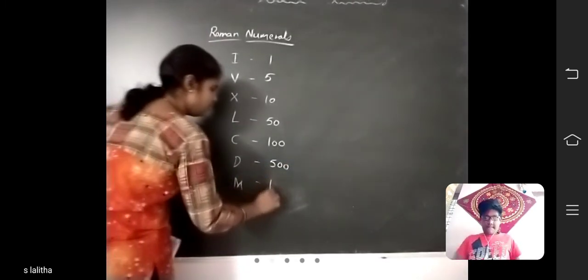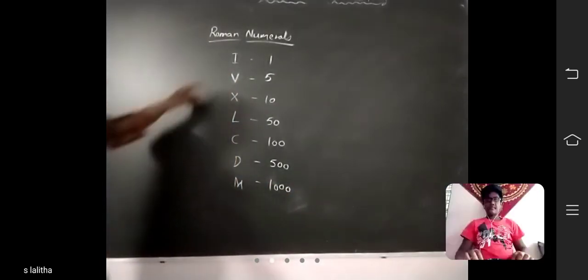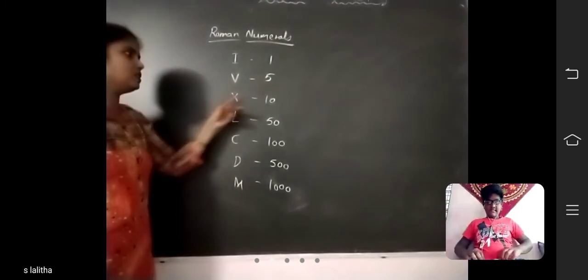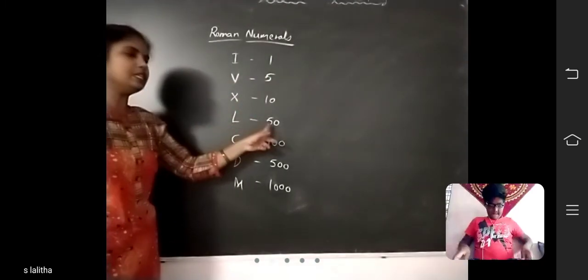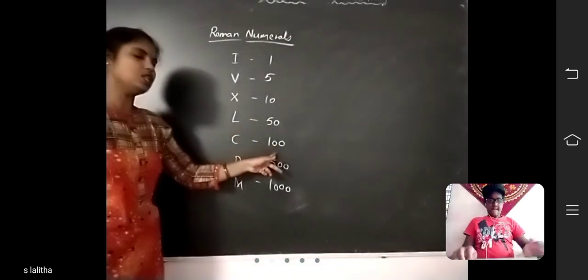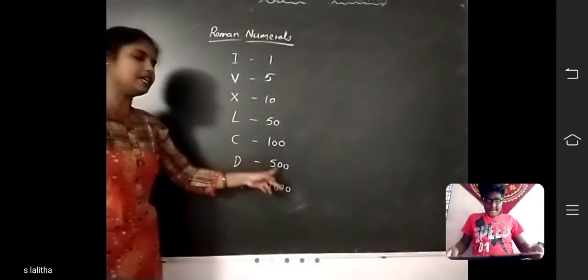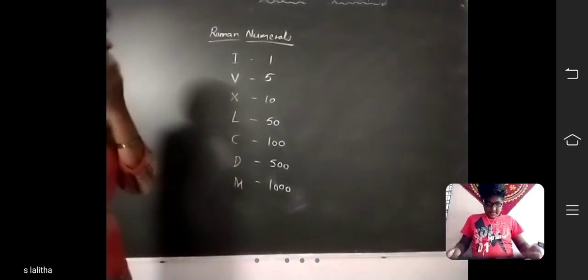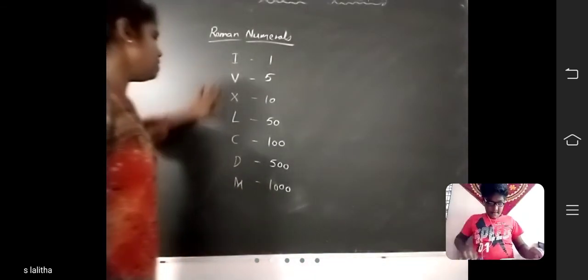M stands for 1000. Did you understand now? So here I stands for 1, V stands for 5, X stands for 10, L stands for 50, C stands for 100, D stands for 500, M stands for 1000. Okay? So these are the Roman numerals.